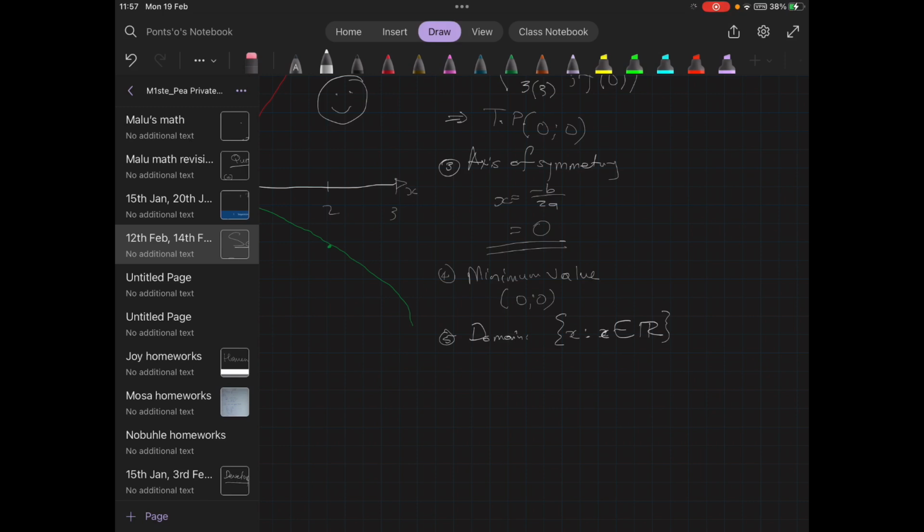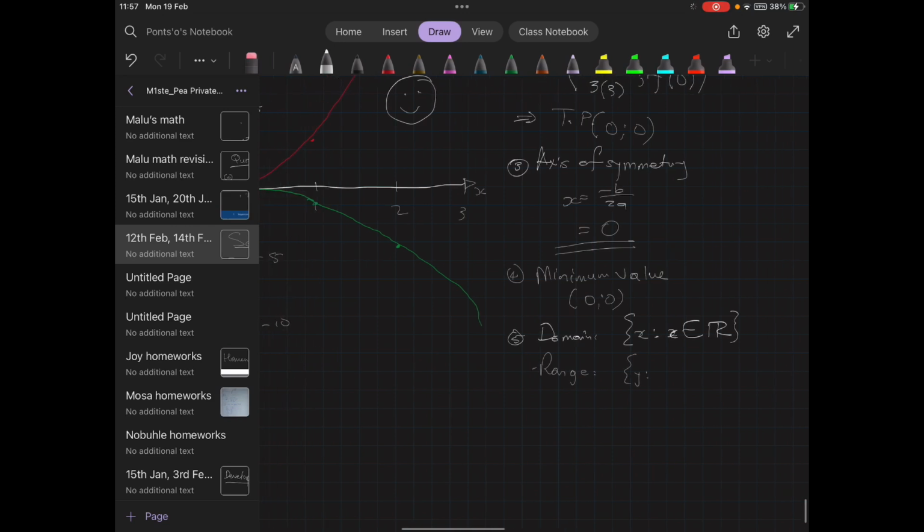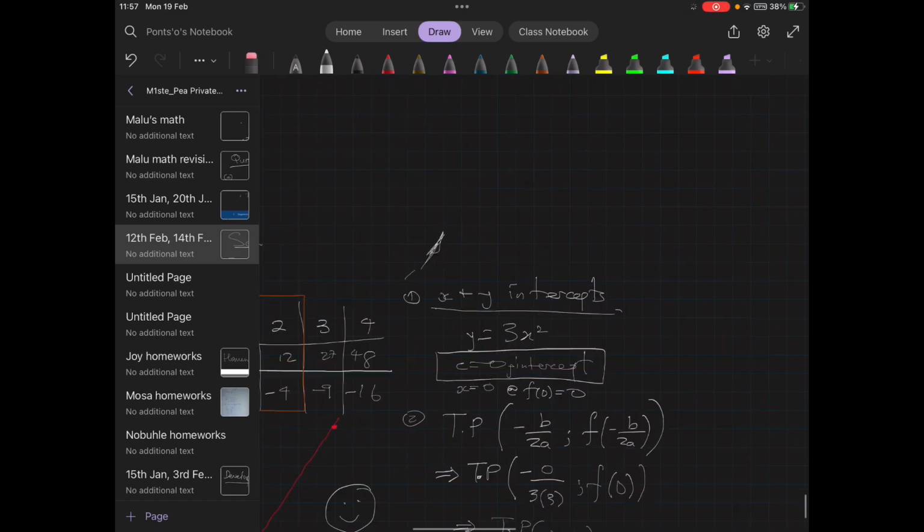That's the space in which x plays. And the range is the set of y values such that y is greater than or equal to 0, and y is also an element of real numbers. Okay, so that's for f of x.